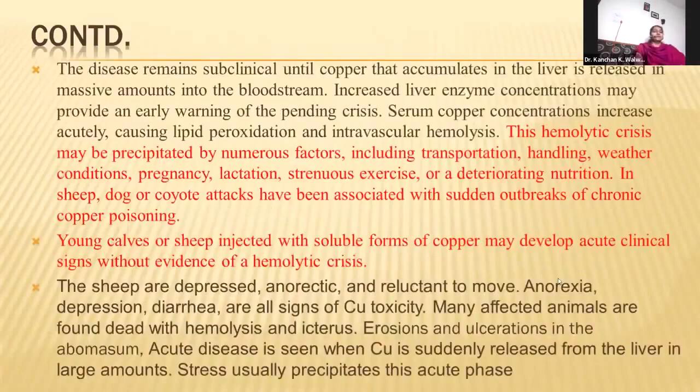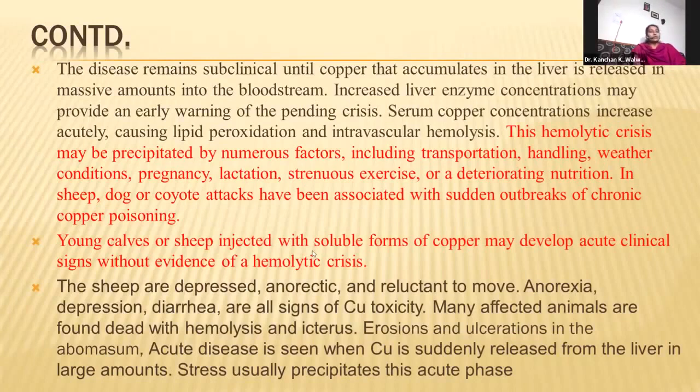So this disease, as I said, remains subclinical until a huge amount of copper has accumulated in the liver and in the bloodstream. This increased copper in the liver will cause increased enzymes, and later lead to fragility and rupture of the RBCs and hemoglobinuria.